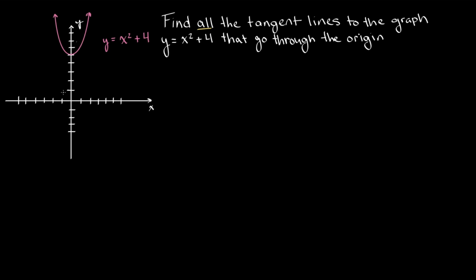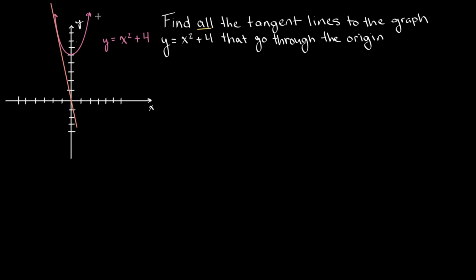Okay, assuming that you've given it a go, let's just try to visualize what the answer will look like if we get some tangent lines that are tangent to this graph and go through the origin. How many tangent lines do you think there will be? To me, I would see one over here, going through the origin like that.